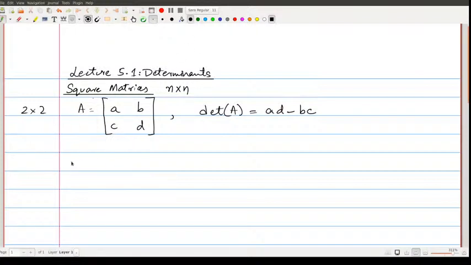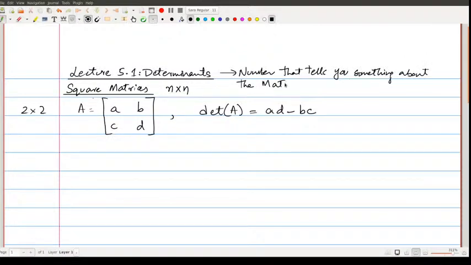But what is the determinant? The determinant is just a number, right? So it's a number that tells you something about the matrix. What does it tell us?